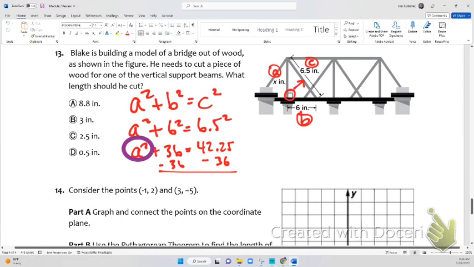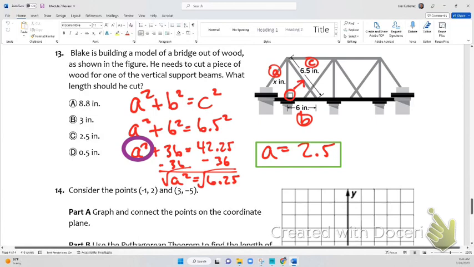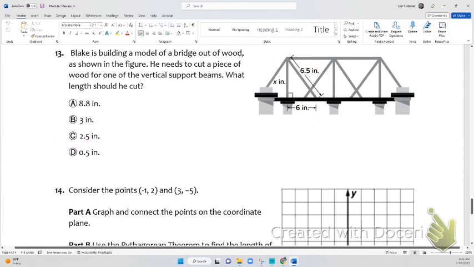So we're left with a squared is equal to 6.25. Don't forget to take the square root of that, and we end up with 2.5. If you look at your possible answers over here on the left-hand side, that one is going to be letter C. So that's my answer for number 13.